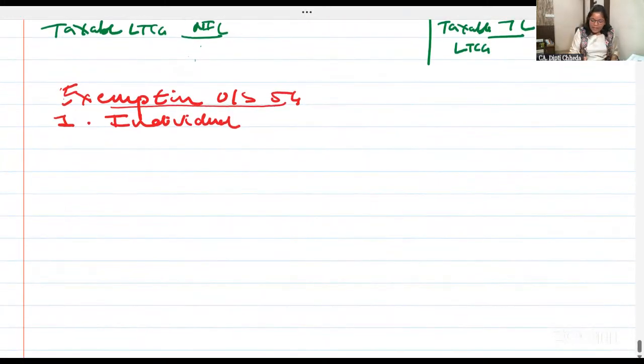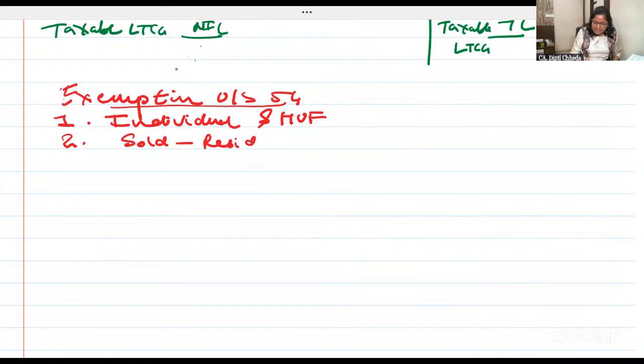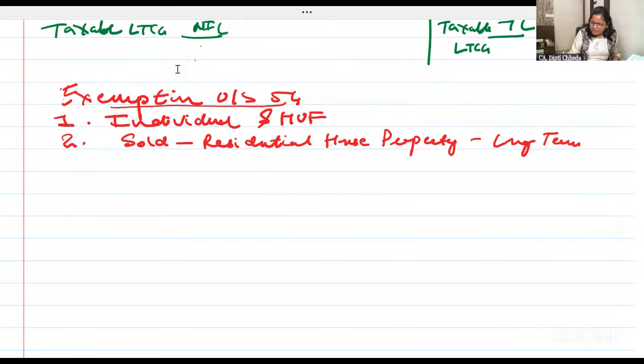Individuals and HUF. Who can avail? Individual and HUF. What they have sold? Residential house property. They have sold residential house property, that too long-term capital gain.